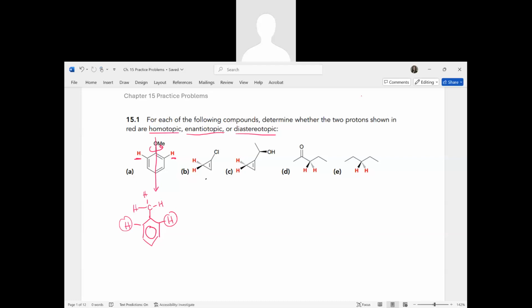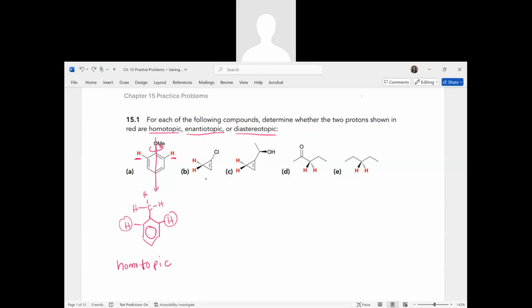So let's take a look at compound B. We'll define these first before we move on. In compound B now, we see one proton here on a wedge, the other on a dash. So in this compound we could not find an axis of symmetry, but a plane of symmetry could be proposed. The same plane the molecule is within, actually.